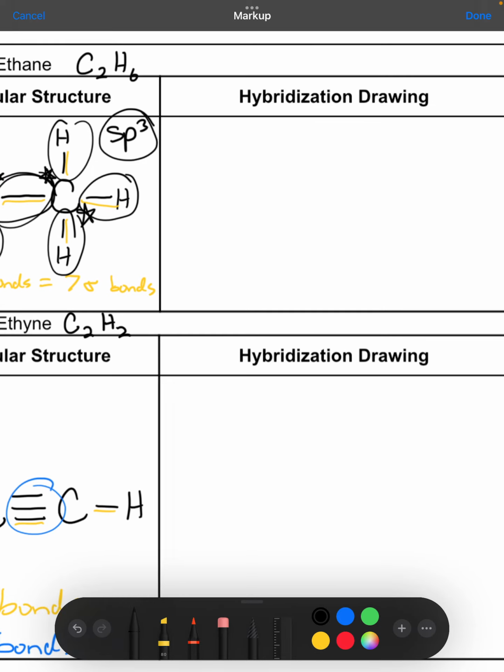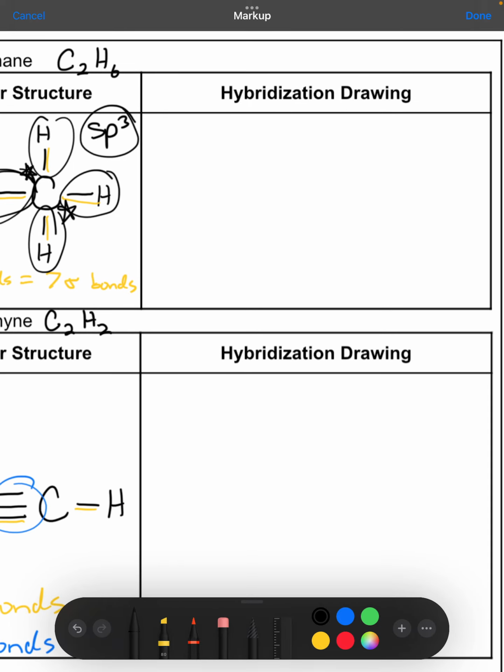So keeping that in mind, I'm going to redraw only my atoms on the right-hand side to start with. Not any of the bond lines, just my atoms. So I have those 2 carbons, and then I have my hydrogens. My hydrogens are super, super easy because hydrogen has an electron configuration of 1s1, which means it does not have more than one type of orbital that could potentially hybridize, so we are just going to represent hydrogen's orbital space as normal.